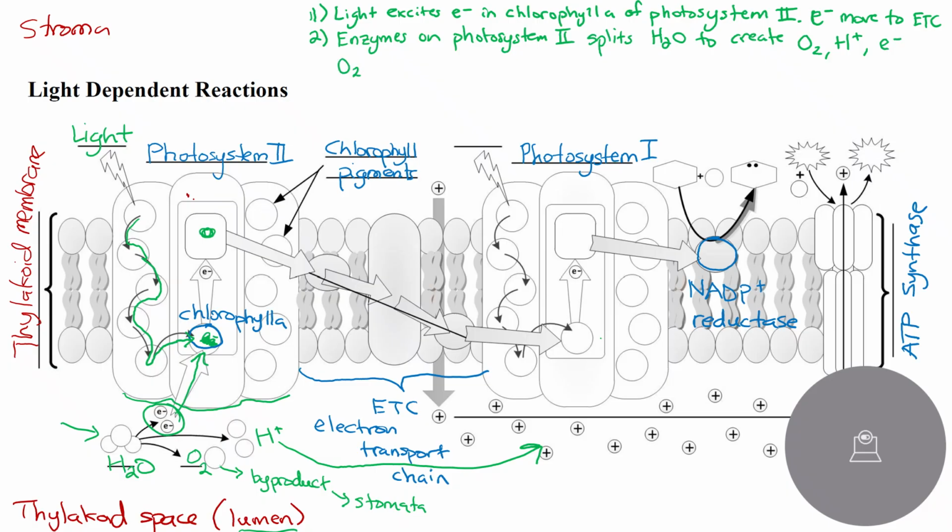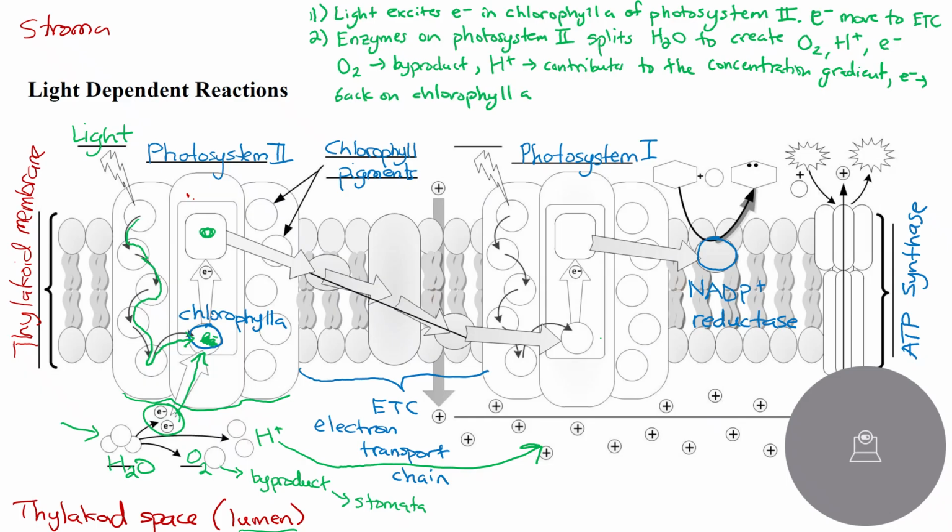The O2 is the byproduct, escaping through the stomata. The H plus contributes to the concentration gradient inside the lumen, and electrons go back on chlorophyll.